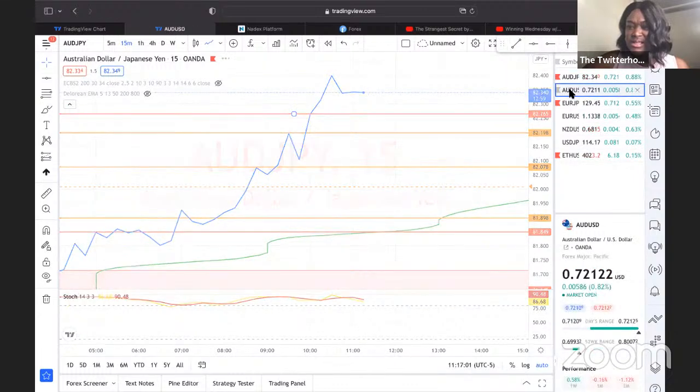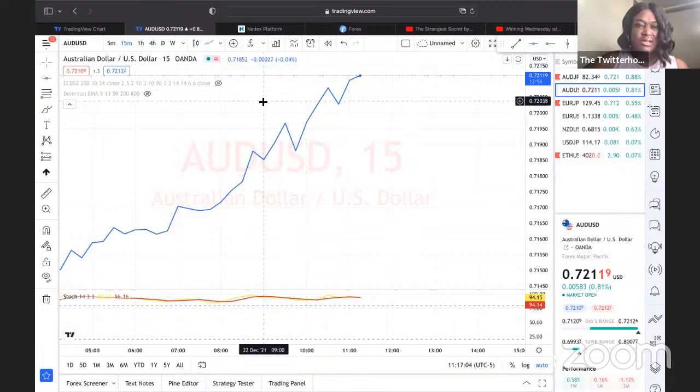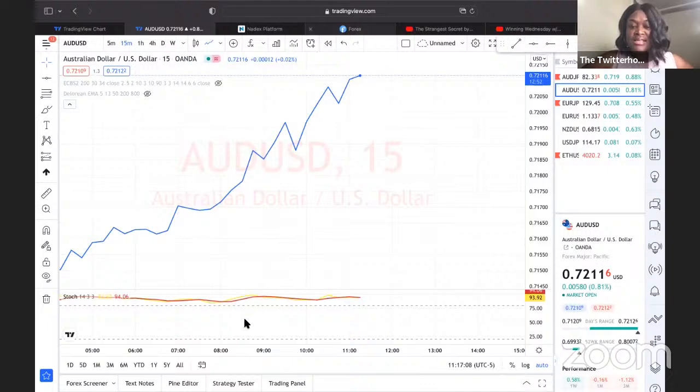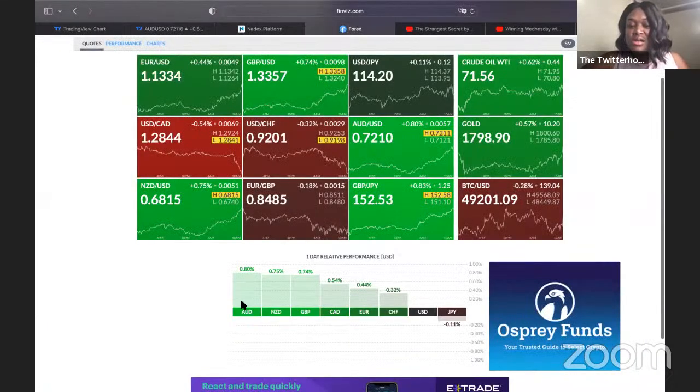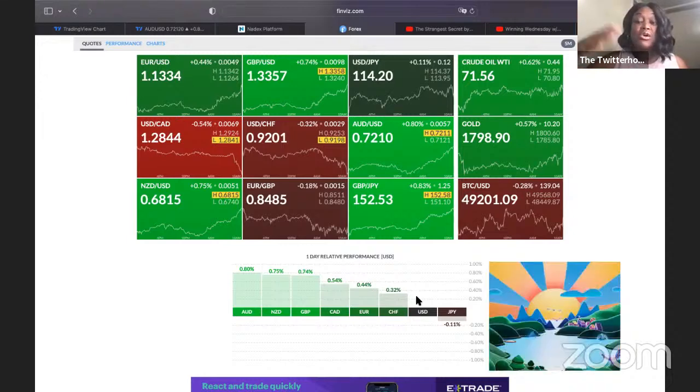AUD USD. There we go. So when the first currency is stronger than the second, as is the case with AUD USD, you want to look for bullish ideas, or ideas for price to go to the upside, right? So the first currency is called the base currency. It's currency one. The second currency is called the quote currency.